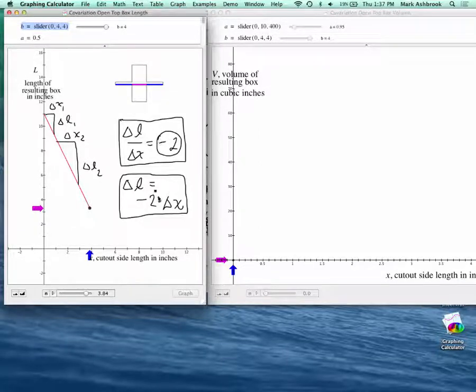Okay, so let's look at the volume. I'm going to do the same thing, as fast as I can. We look at delta x and resulting delta v.